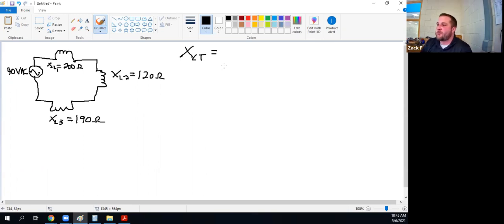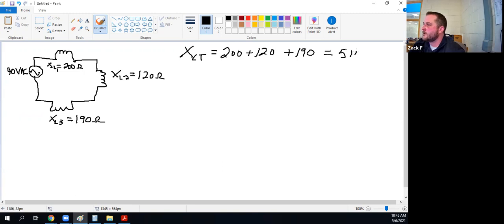So yep, you just add them together. 200, 120, and 190. What's the total current in this circuit?